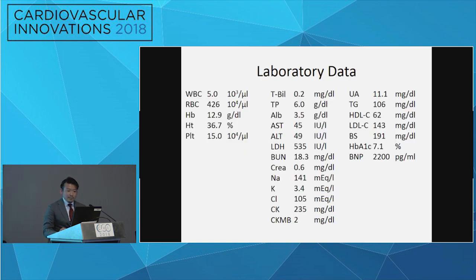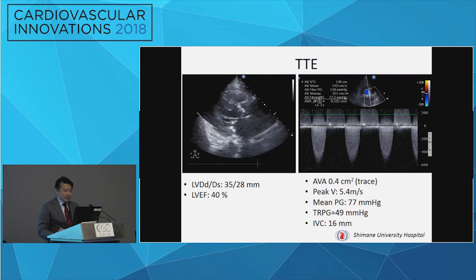Laboratory data shows a very increased BNP level. TTE shows decreased EF. Her EF was 40%, but 2 years ago her LVEF was 60%. The aortic valve area was 0.4, peak velocity was 5.4, and mean pressure gradient was 77 mmHg.